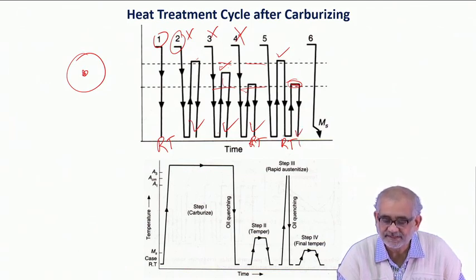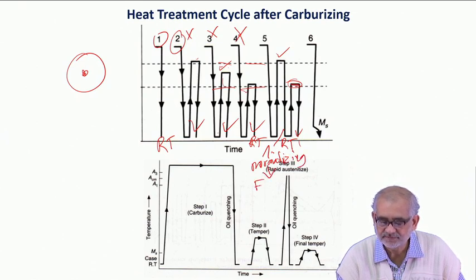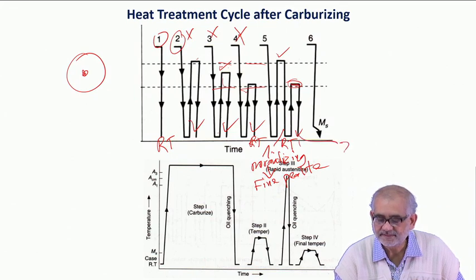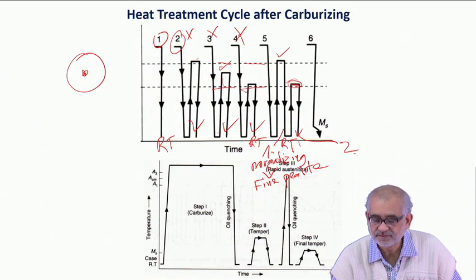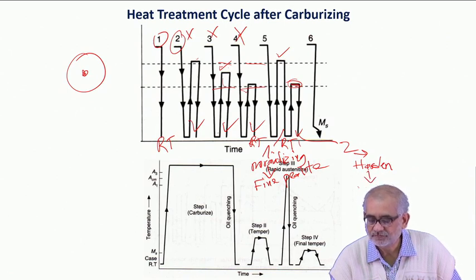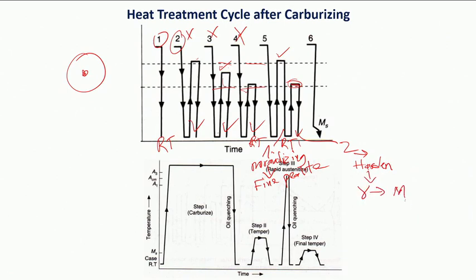In the first leg, which is meant for normalizing, what we get is fine pearlite. In the second leg, when we heat from above AC1 and not above AC3, what we do is harden. And by hardening, we convert austenite into martensite.